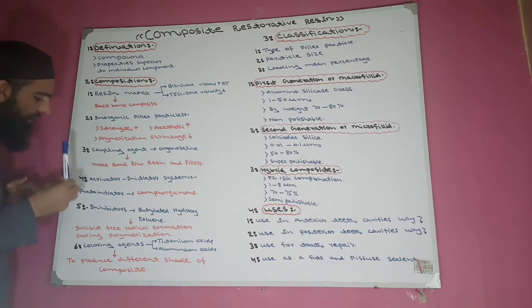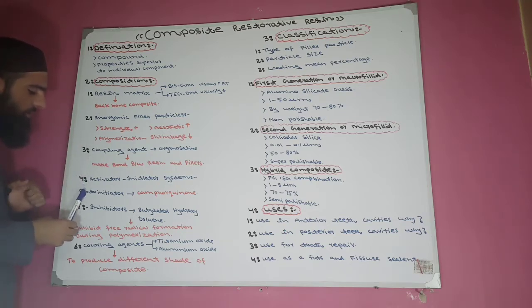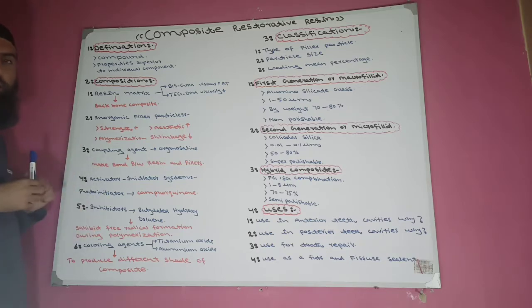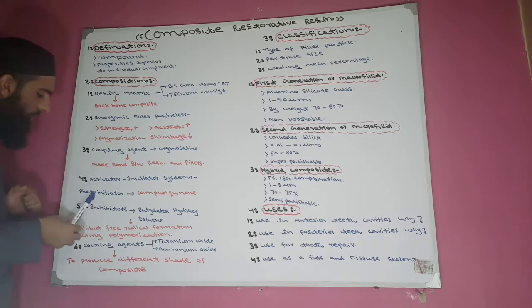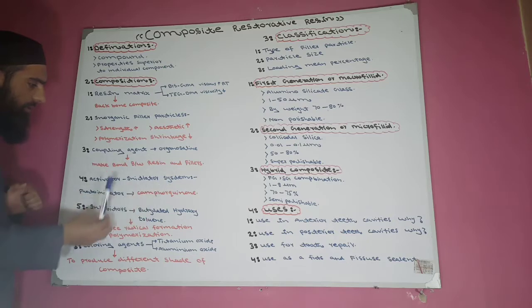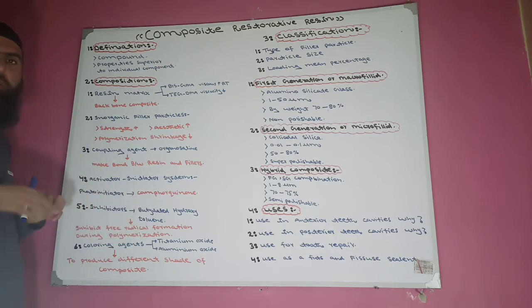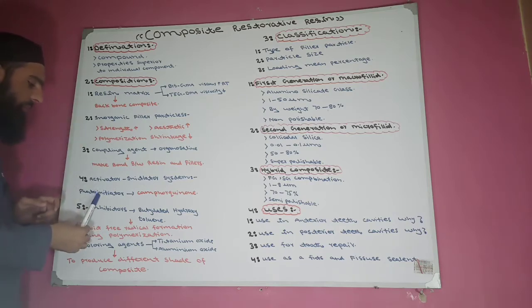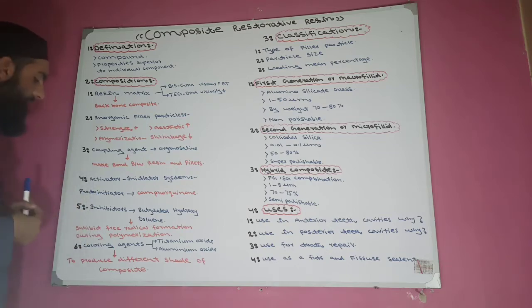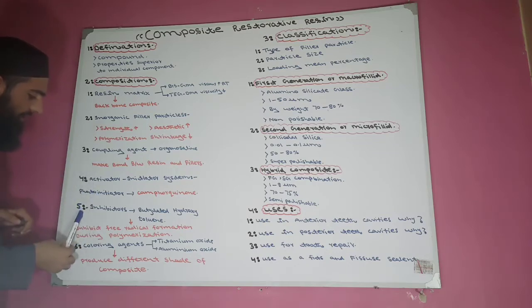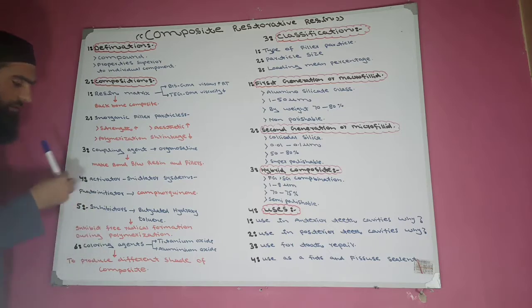For light activation, there will be a photoinitiator in the composite. The photoinitiator and activator system is camphorquinone, which starts the polymerization reaction when we focus the blue light on the composite during setting. The fifth component is inhibitors.